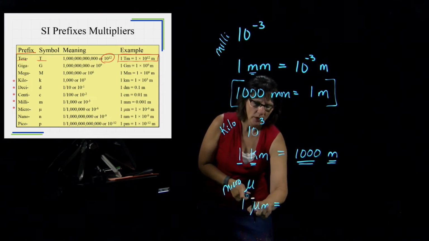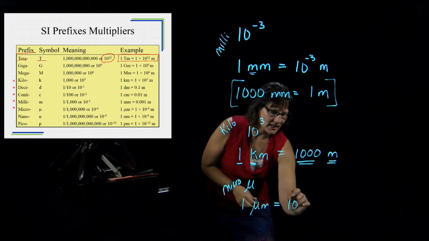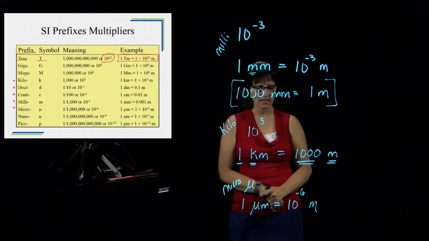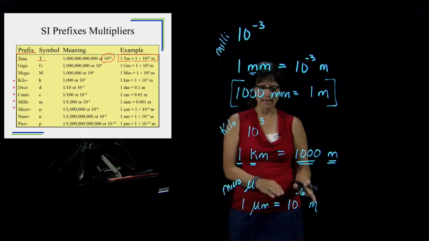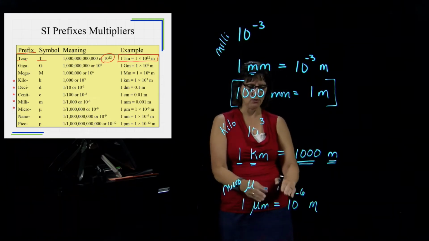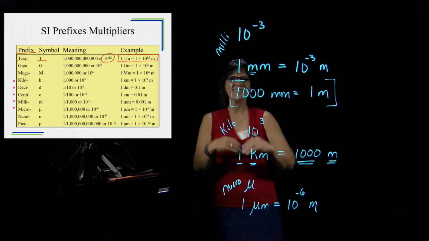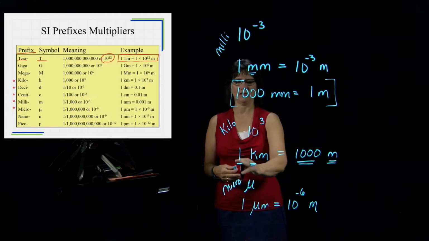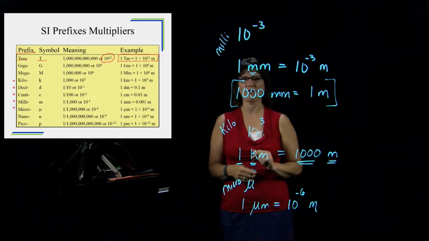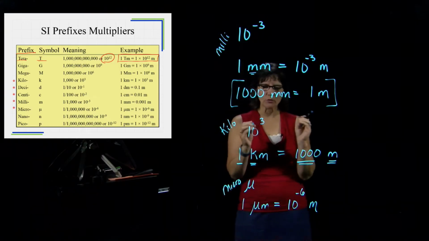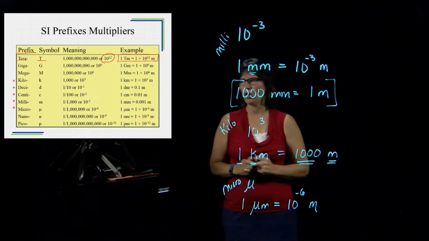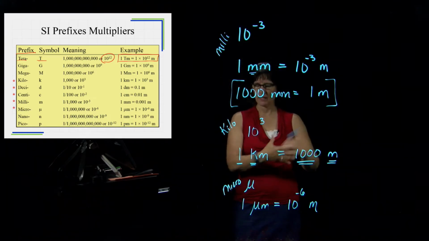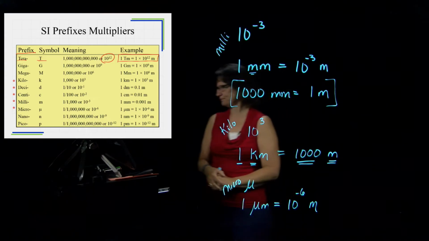So 1, where I see the prefix, is 10 to the minus 6, where I just have its base, 10 to the minus 6 meters. So 1 micrometer equals this. So if you will always follow that pattern, putting a 1 where the prefix is and its meaning where you've left off the prefix, you will have a perfect relationship of each one of these prefixes to use in calculations in the future.